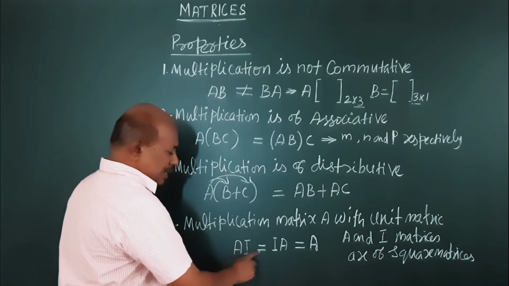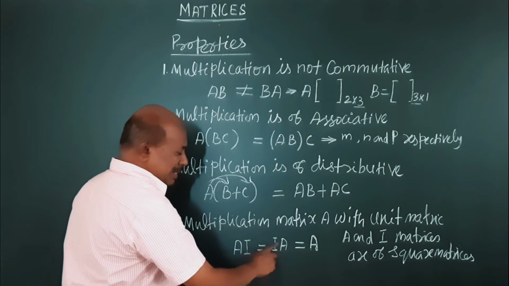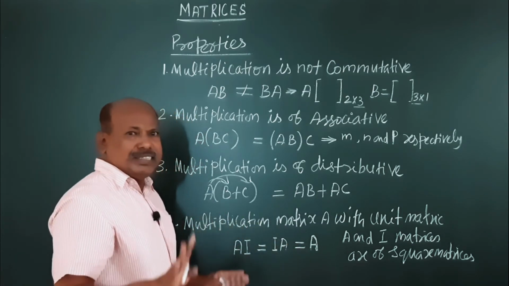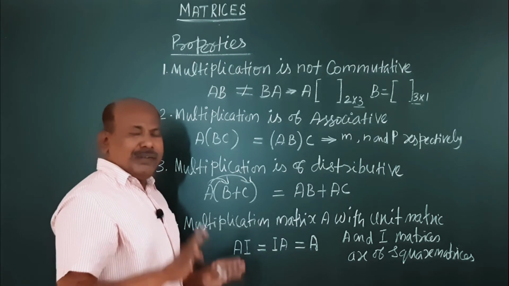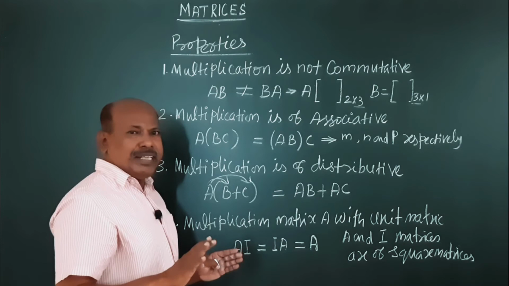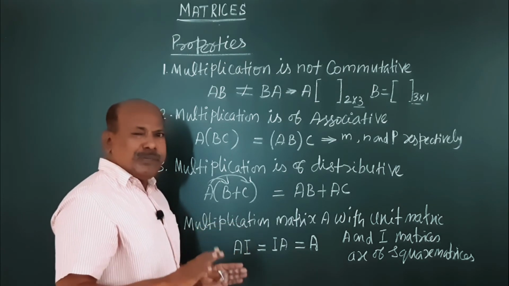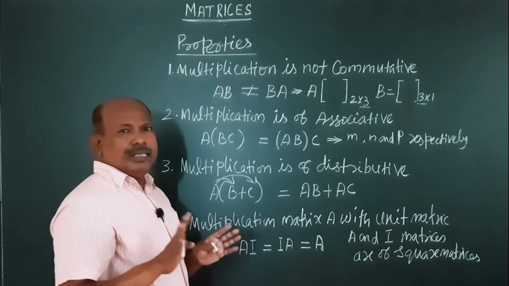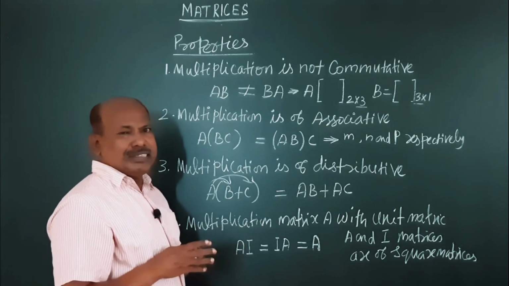A into I equals I into A equals A. That is the property. If any square matrix is multiplied with the I matrix, the answer will be that square matrix. These are all properties of multiplication of matrices.